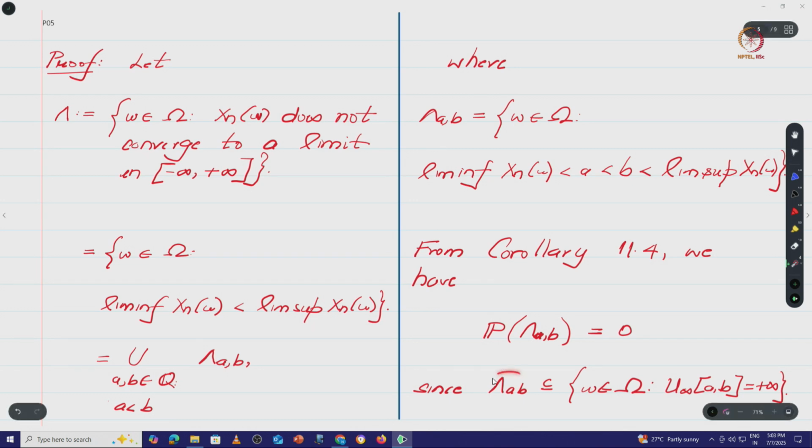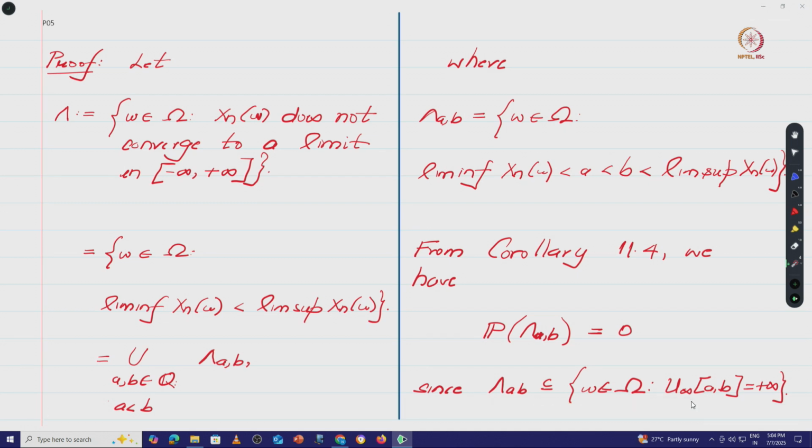So for every omega that belongs to Lambda AB, the number of upcrossings of the interval AB will be plus infinity, that is, you will have infinitely many upcrossings of the interval AB, because you will infinitely often visit a point below A and infinitely often visit a point above B. Hence Lambda AB is a subset of this event.